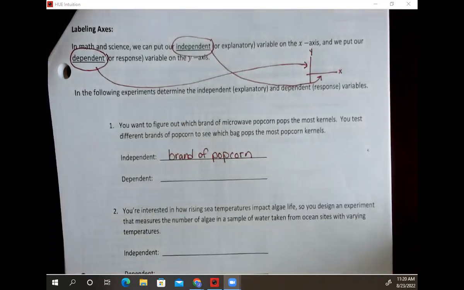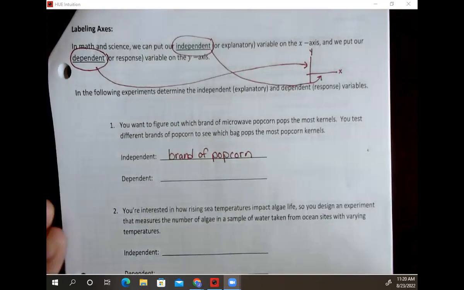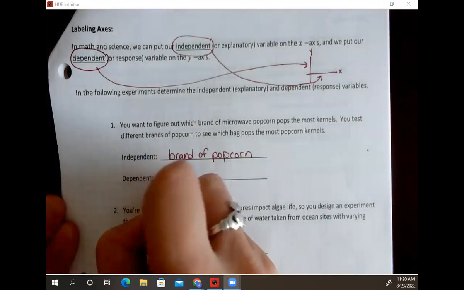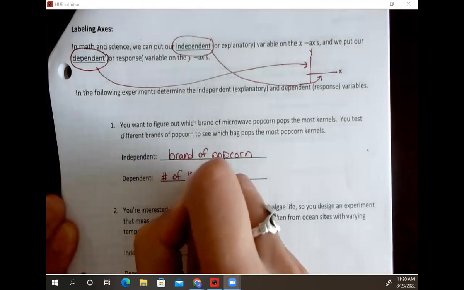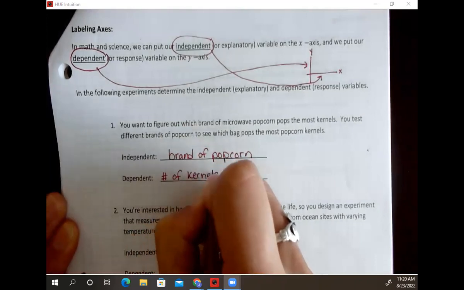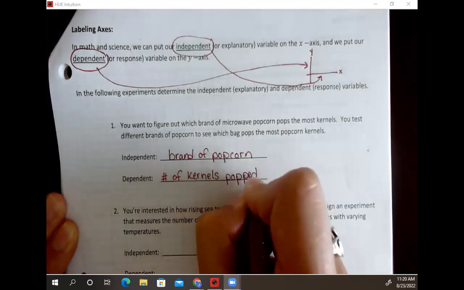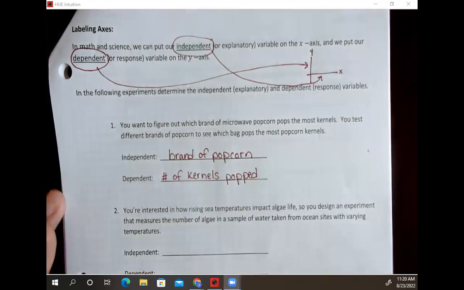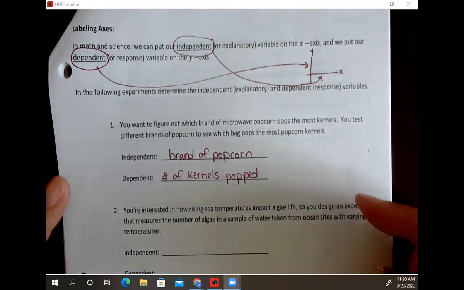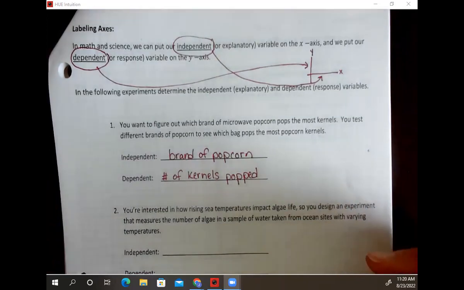That's what I'm looking to see. That's what I'm collecting information on, the number of kernels popped. That makes sense? Independent versus dependent, what I control versus what I'm measuring. Okay.